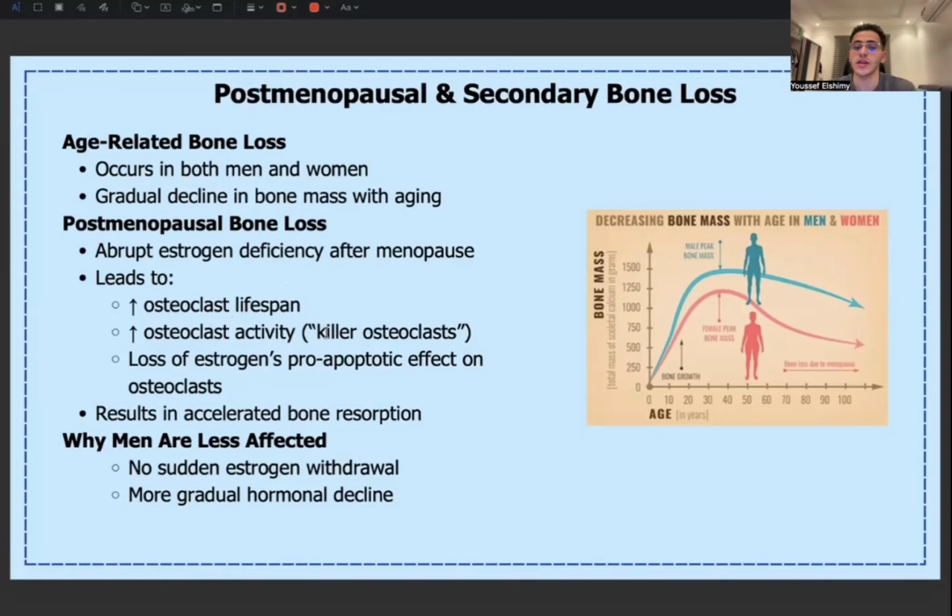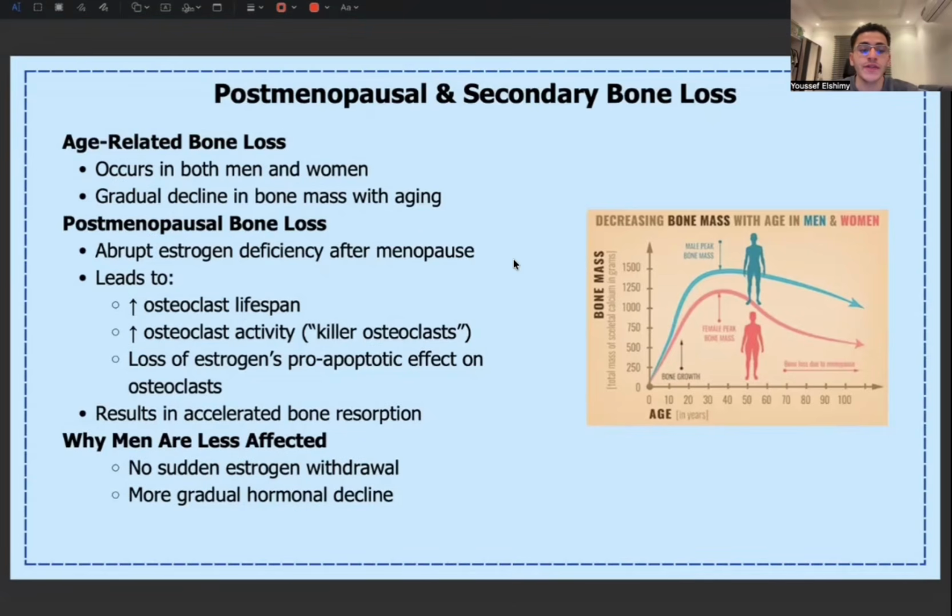And we mentioned that the osteoclasts are the killer osteoclasts. They like to eat the bone so much. So in menopause, there is loss of estrogen's pro-apoptotic effect. This would lead to more osteoclasts surviving and favoring of bone resorption. So the result would be accelerated bone resorption.